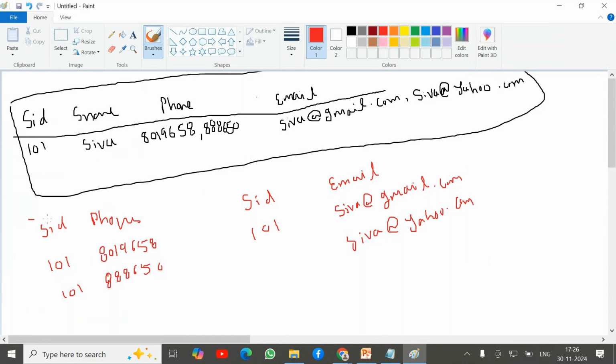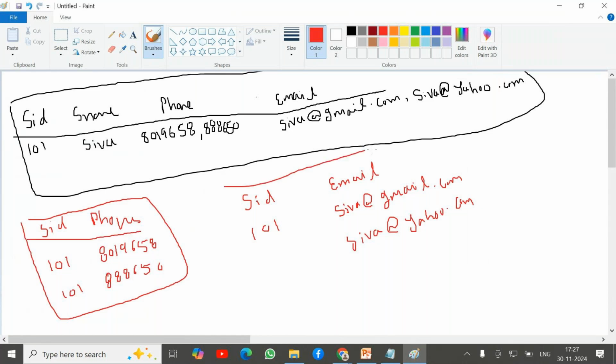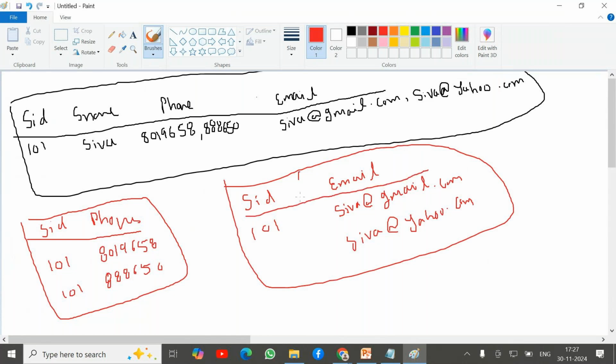We get two tables. This is 4NF, fourth normal form.